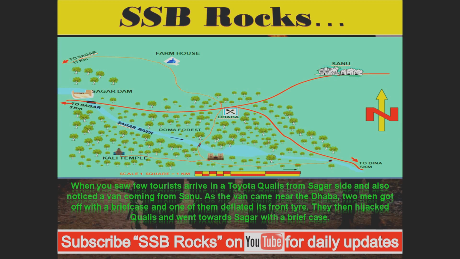As the van came near the dhaba, two men got off with a briefcase and one of them deflated its front tire. They then hijacked the Qualis and went towards Sagar with the briefcase.